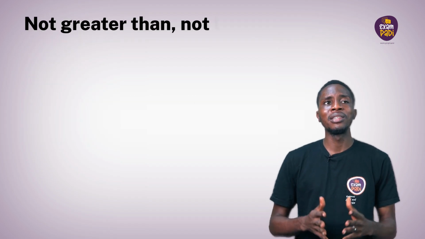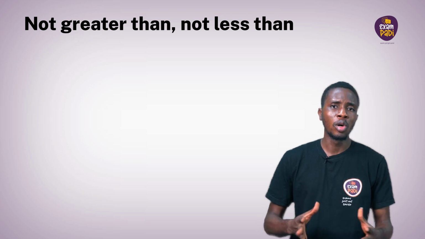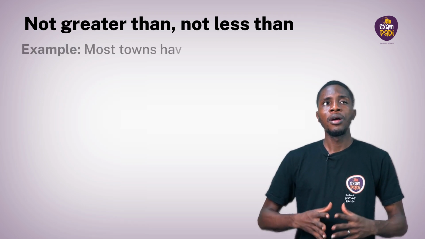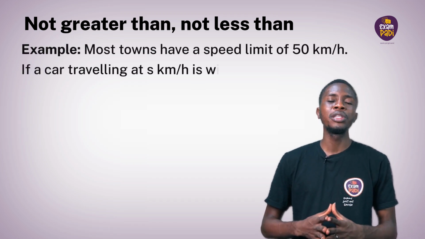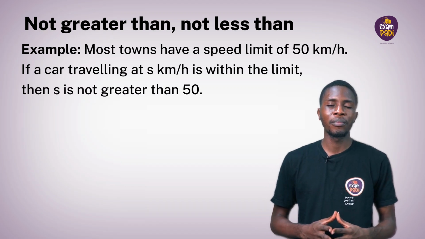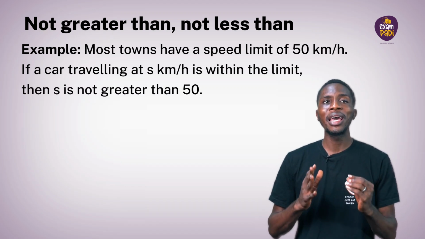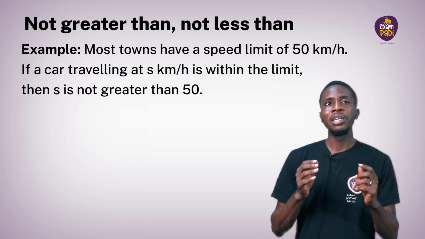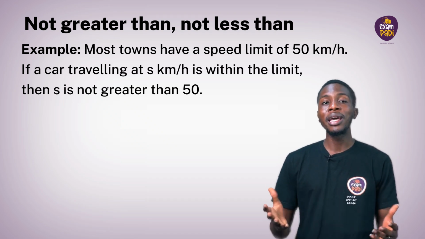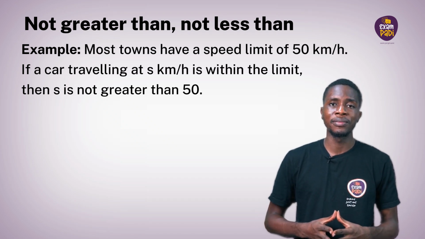The second symbol we'll be looking at is not greater than, not less than. Most towns have a speed limit of 50 km per hour. If a car traveling at S km per hour is within the limit, then S is not greater than 50.